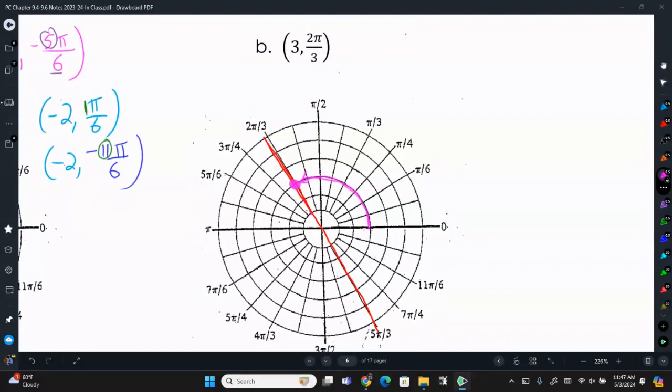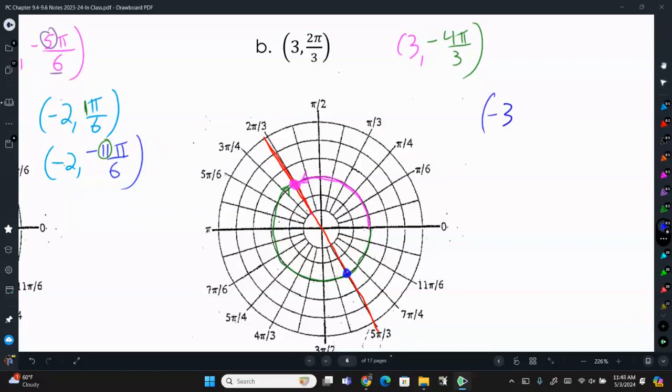So then our other points, 3 comma, well, instead of going 2 pi over 3 counterclockwise, I can go clockwise, and that would be negative 4 pi over 3. And now we can deal with the negative radius, and I would want to end up here.